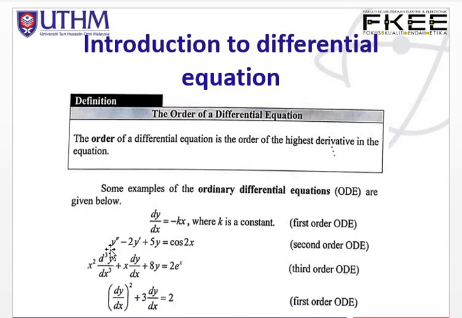Second order is d squared y over dx squared, and third order is d power of 3 y over dx power of 3. You refer to the highest derivative. These are examples of ODE for first, second, and third order.